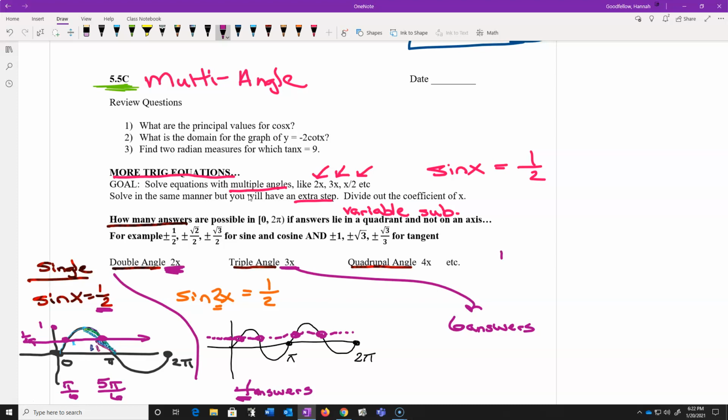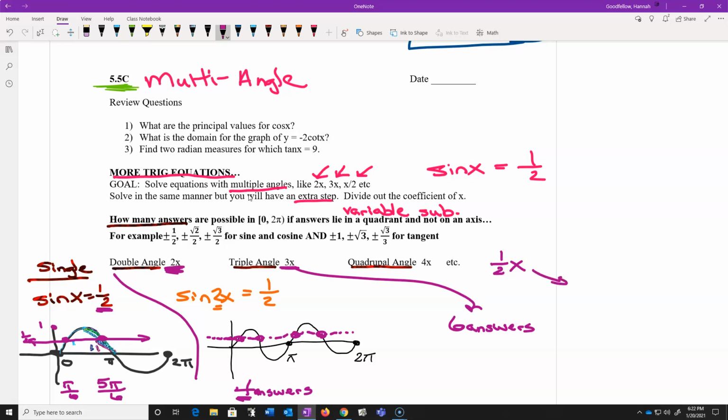Now, if I then generated a half x, or an x over 2, that would mean that the wave is going to show up less, not more waves, but less wave between the 0 and 2 pi. You're only going to see half of the wave, and ultimately that can lead to an answer of usually half the answers.